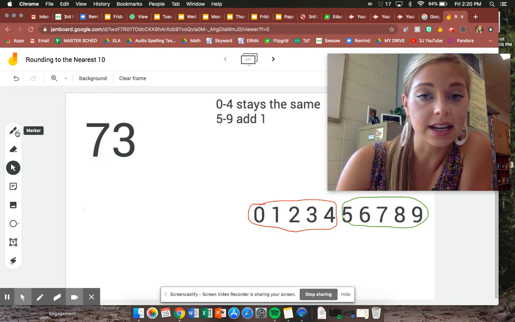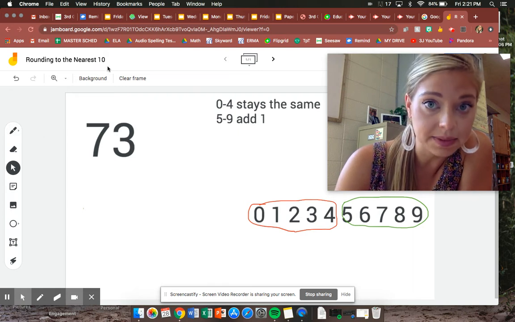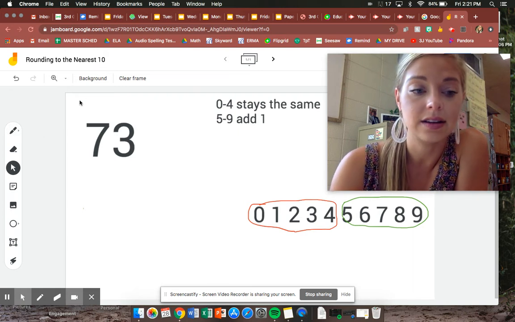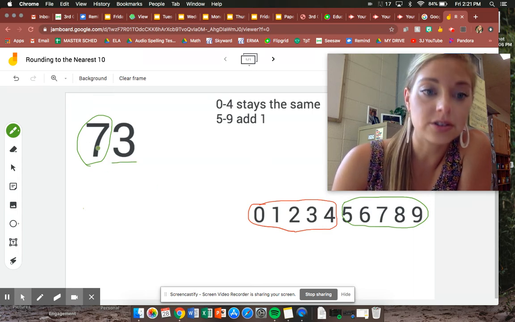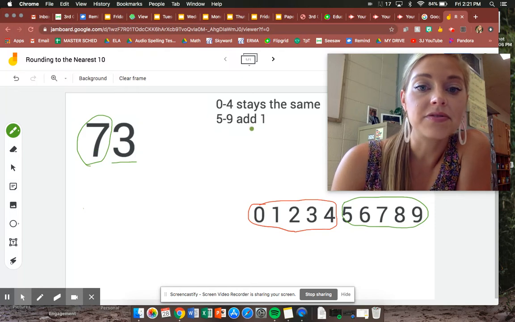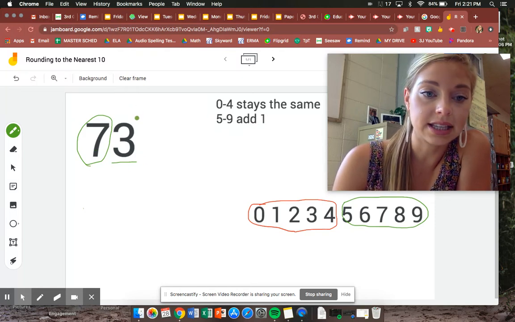So we are finding the tens place because we're rounding to the nearest 10. Okay, so we're finding the place value, circle that digit, move to the right and underline it. 0 through 4, the circle stays the same. 5 through 9, adding 1 is the game.